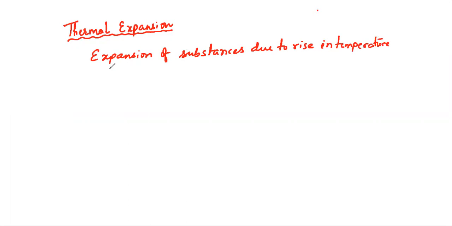So we will discuss linear expansion, that is when the expansion is along the length. Next we will discuss superficial or surface expansion, when there is expansion in the area.